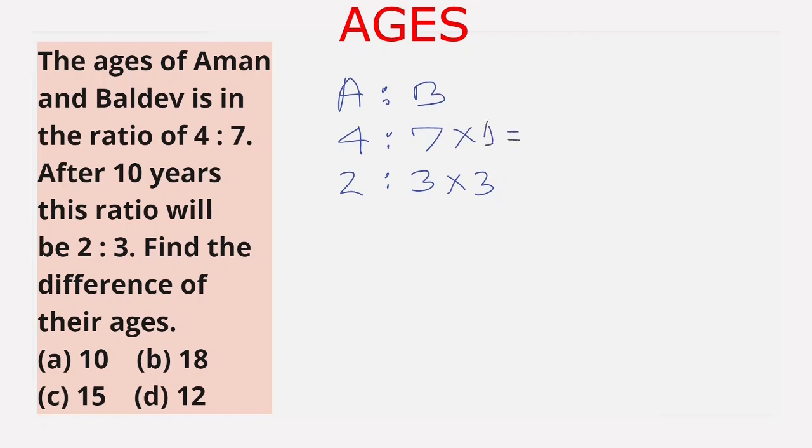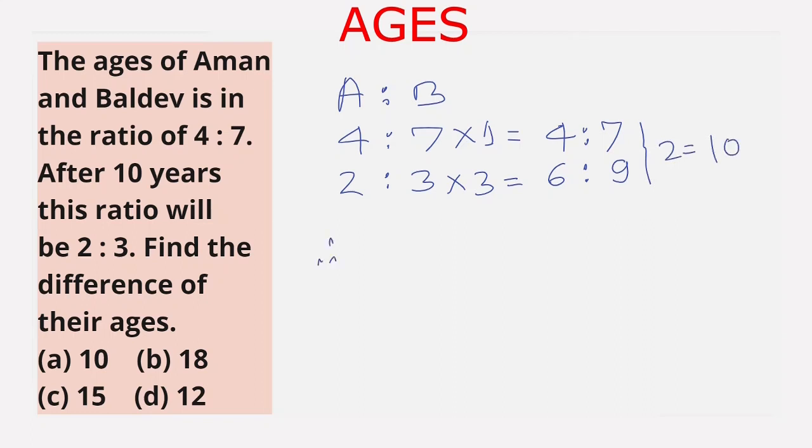So 4:7 remains as 4:7 and 2:3 becomes 6:9. Now the difference between 4 and 7 is 3 and between 6 and 9 is also 3. And if we check, 4 to 6 is 2 and 7 to 9 is also 2. So this 2 equal to 10 years given to us.